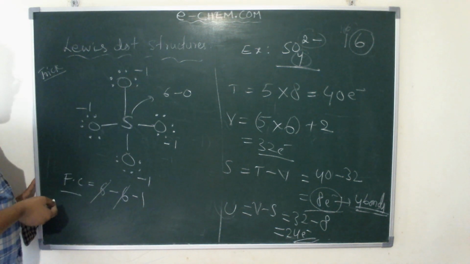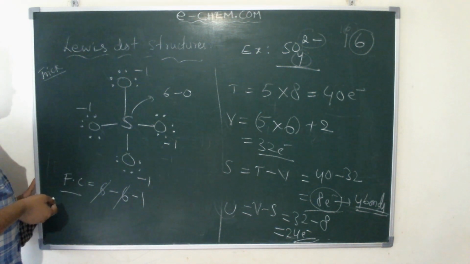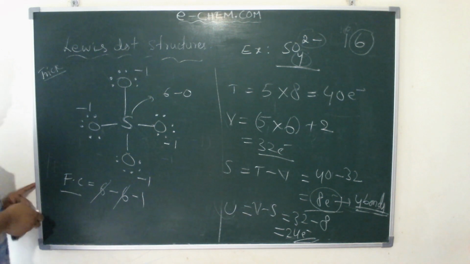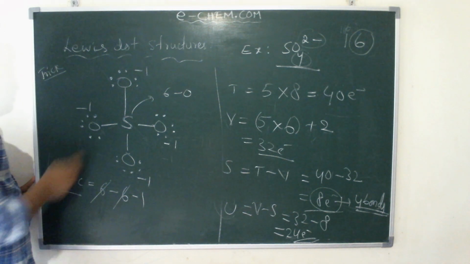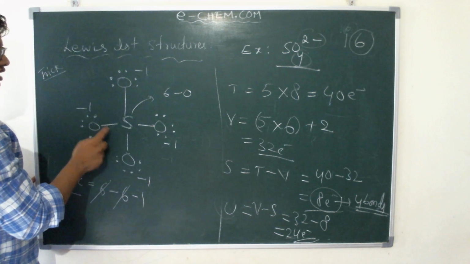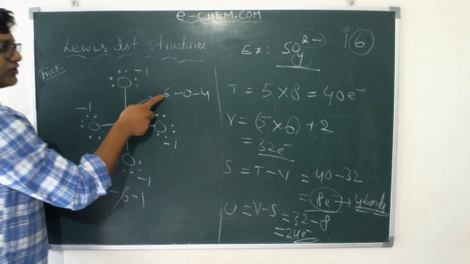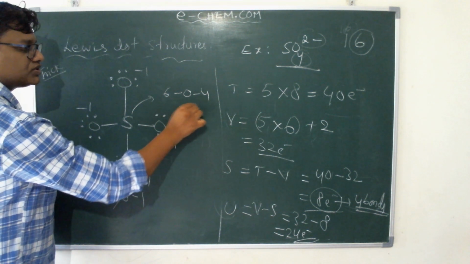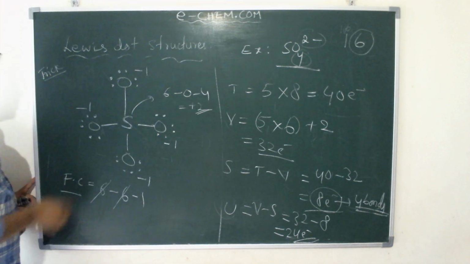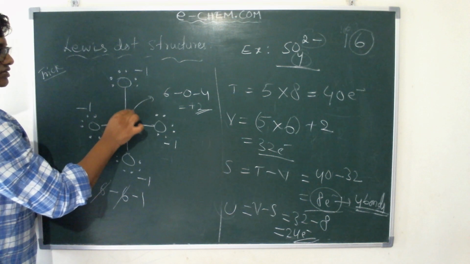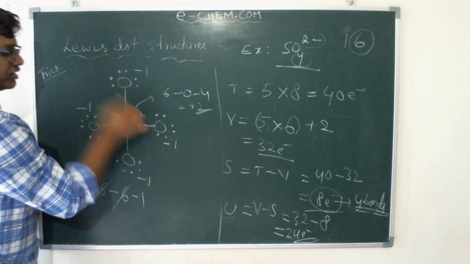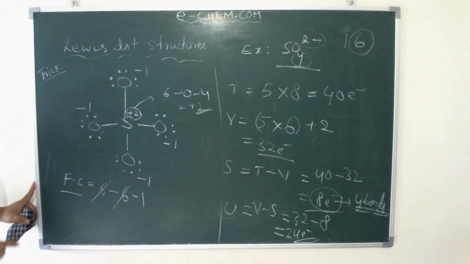After that, the total number of bonds, how many? 1, 2, 3 and 4, that is 4. So from +6 to -4, that will be +2. So this sulfur is carrying a +2 charge according to formal charge.